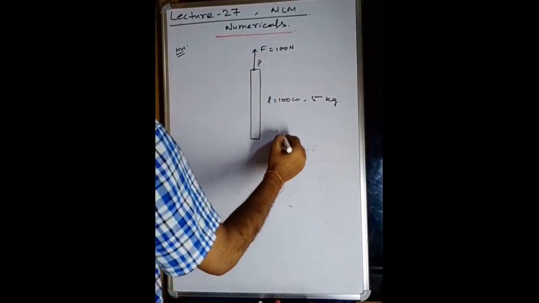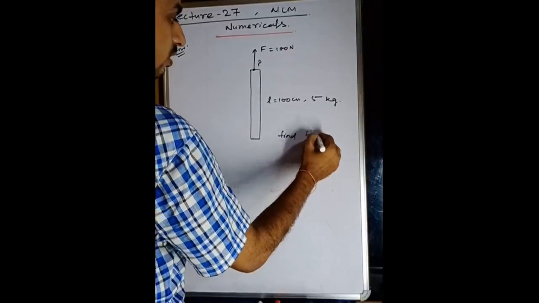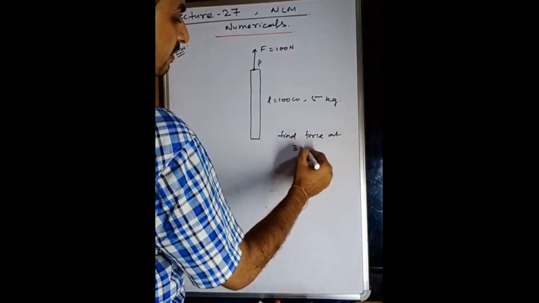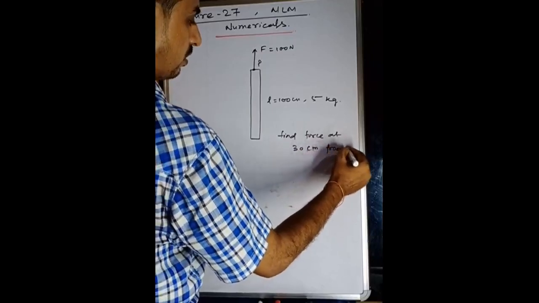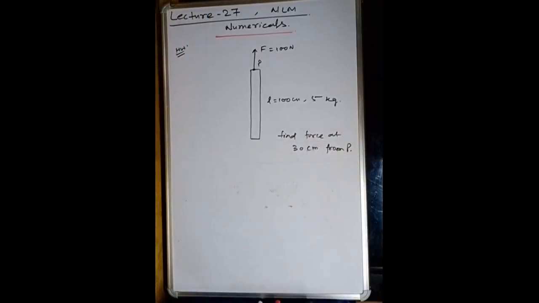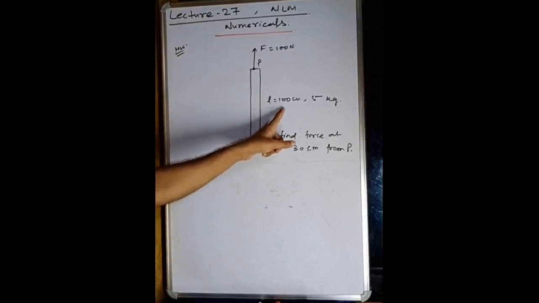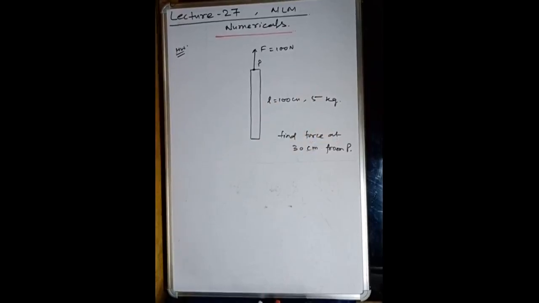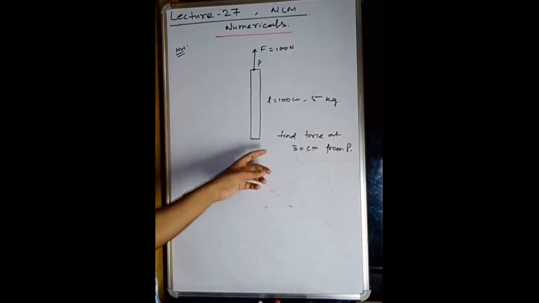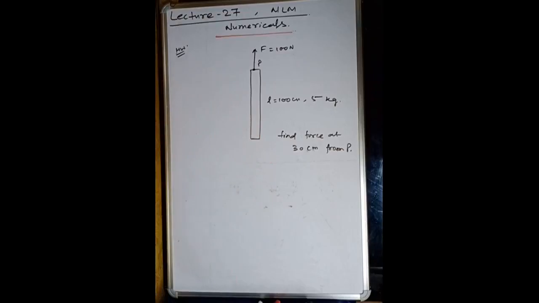You have to find the force at 30 centimeter from the point of application of force. From here the force is applied at 100 Newton, but this 100 Newton will not be uniform at each point of the rod. You have to find what the force will be at 30 centimeter. The force is transferred, but how much? So this is your homework.